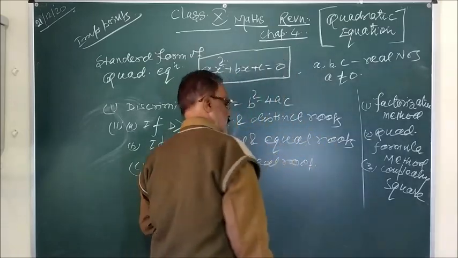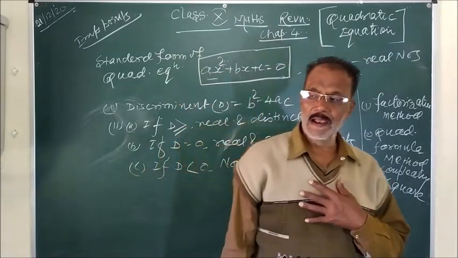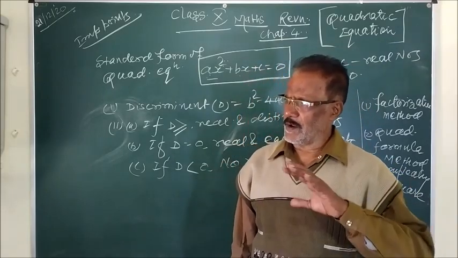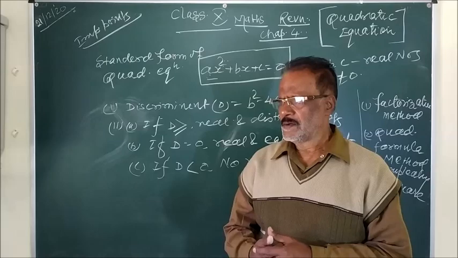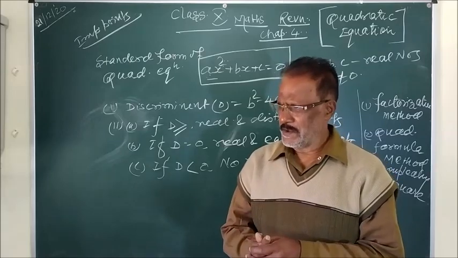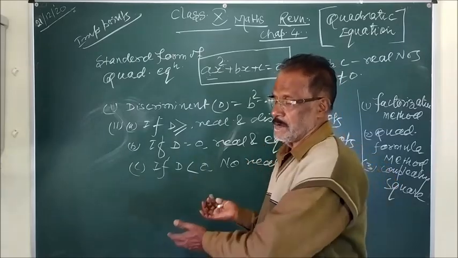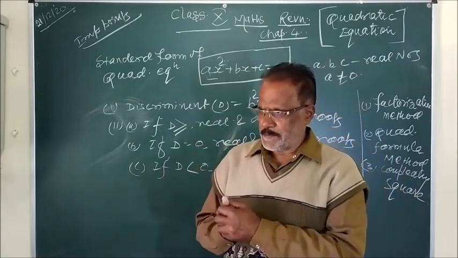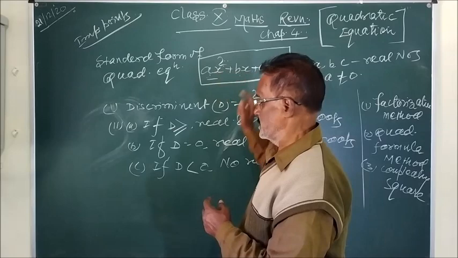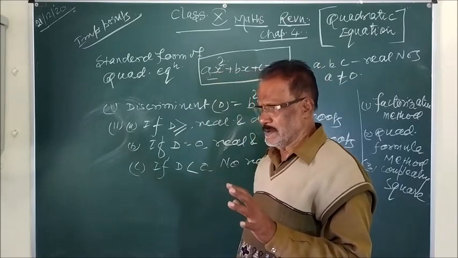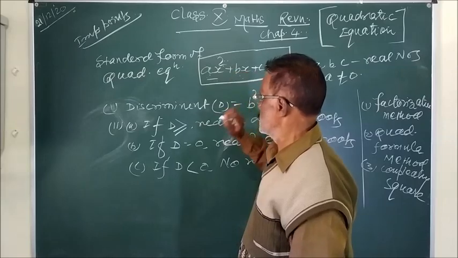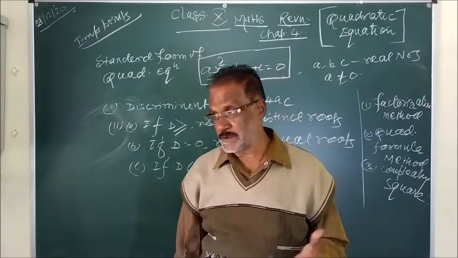If you have to find whether the given polynomial is a quadratic equation or not, you will simplify and try to bring all the terms from right to left and compare with this. If the simplified form is in this form, that will be a quadratic equation, otherwise not.